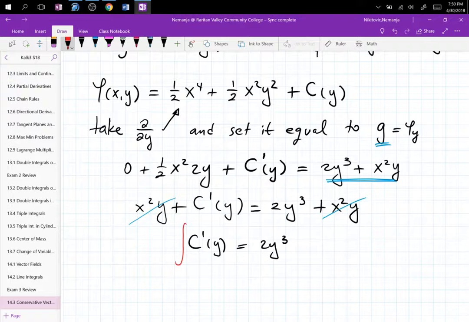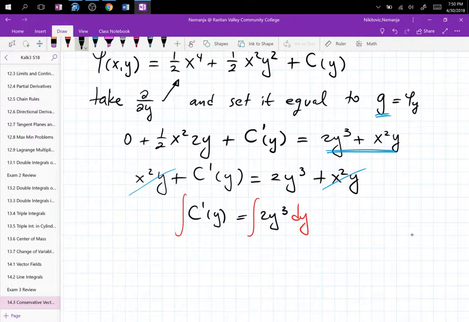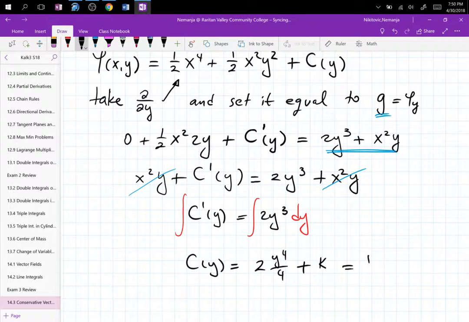Exactly. Integrate both sides dy. On the left-hand side, we just get c of y. And on the right-hand side, 2y to the 4th over 4 plus some constant k, or c, or whatever you want to call it, which is 1/2 y to the 4th plus constant k.